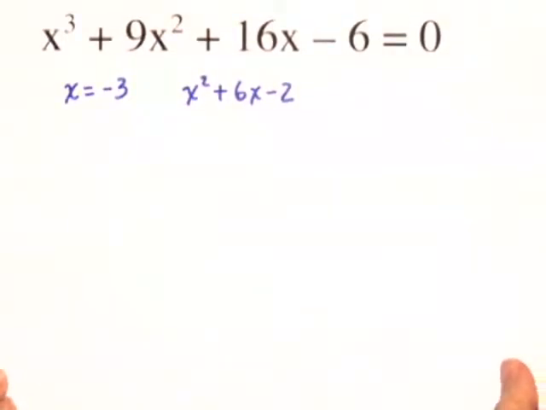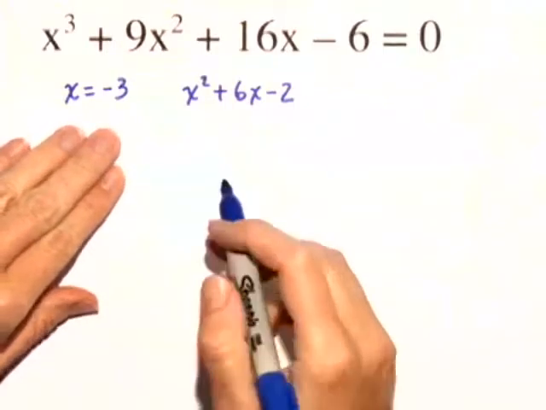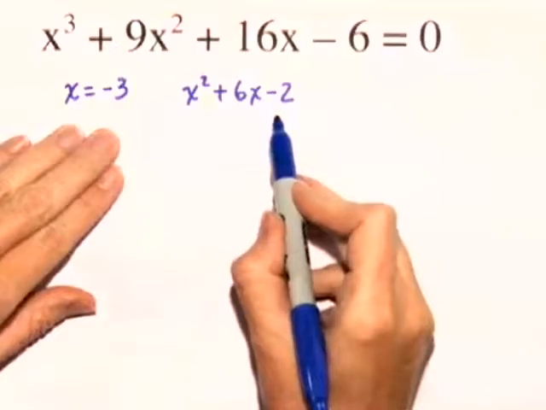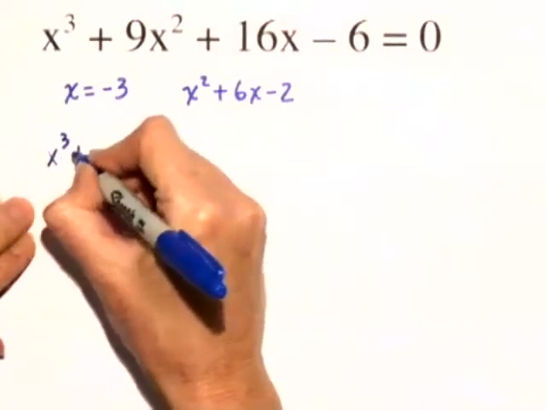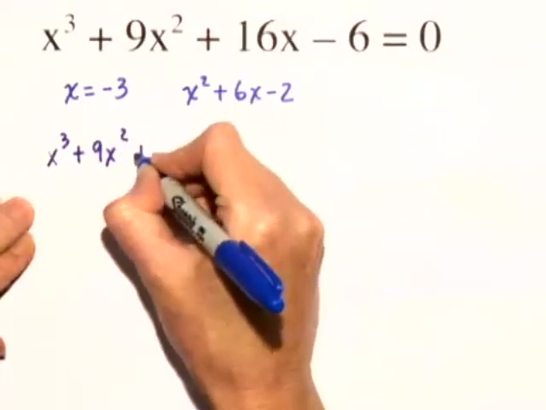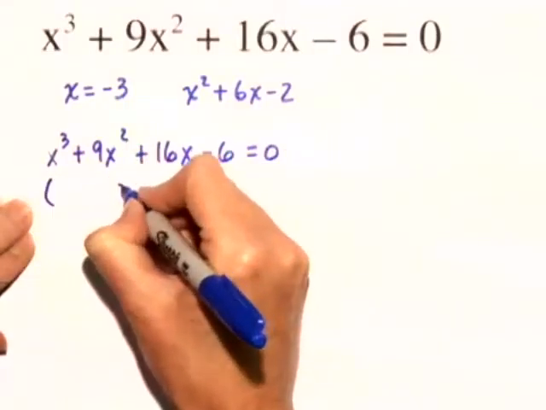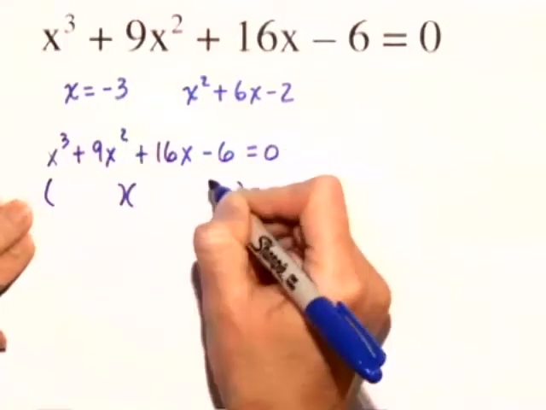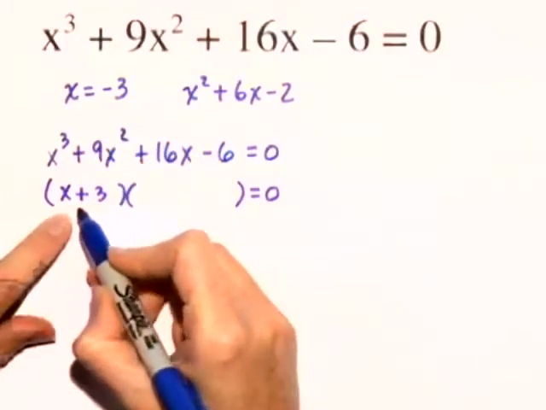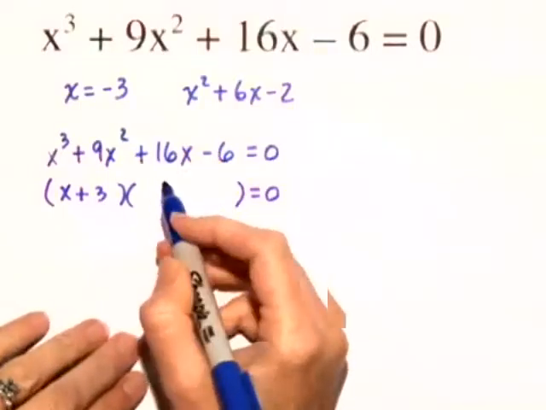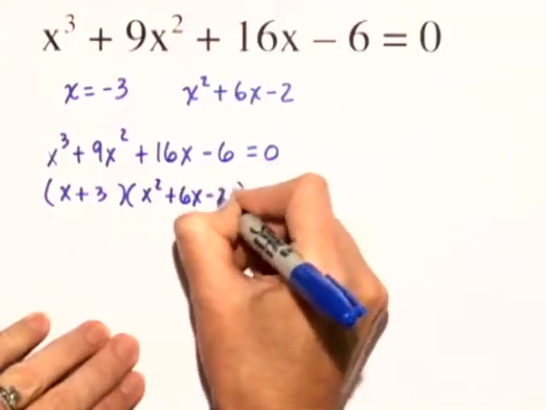So we see that when we used x equals negative 3, that was a root of this equation, and we had left x squared plus 6x minus 2. What that really means is that our function x cubed plus 9x squared plus 16x minus 6 can be written as two different factors: the factor x plus 3, because remember it's really x minus negative 3, times the other factor, x squared plus 6x minus 2.